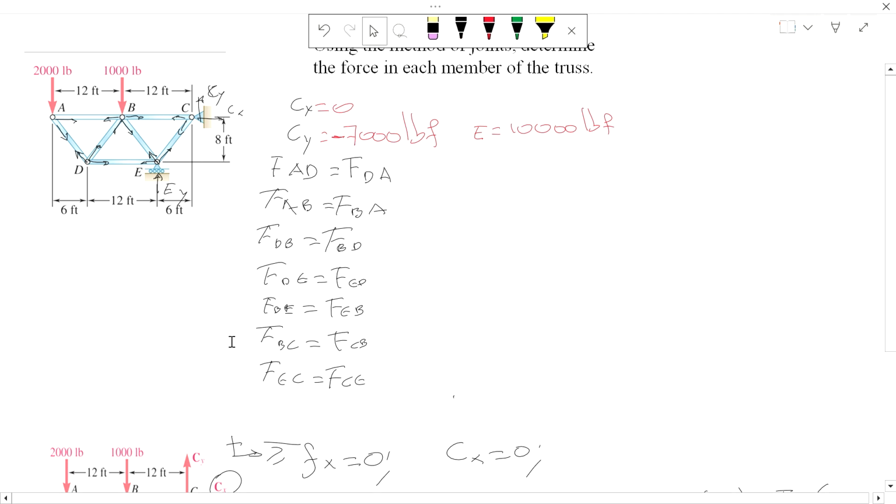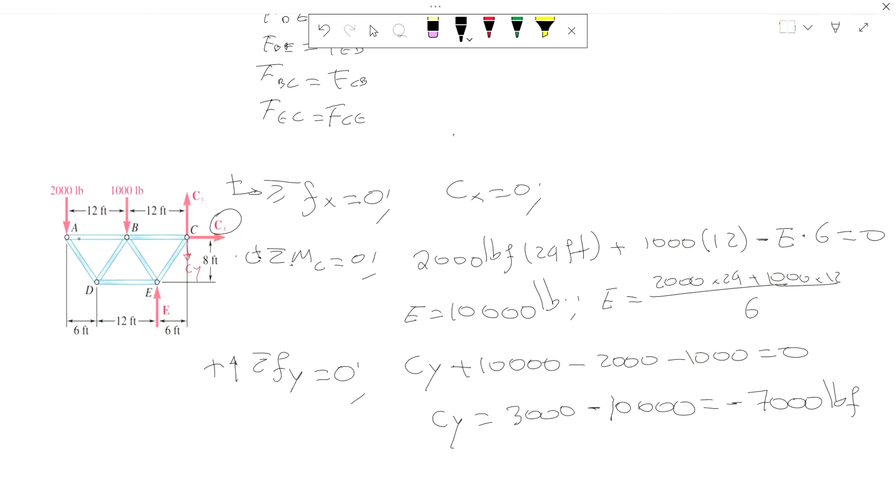Okay, so we have all the forces from the external boundaries. We have E, Cx, Cy. 0, this is 10,000, and this is negative 7,000. Okay, good.